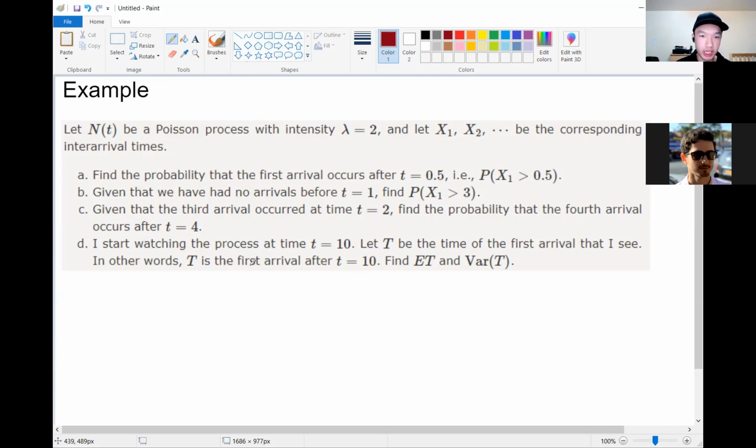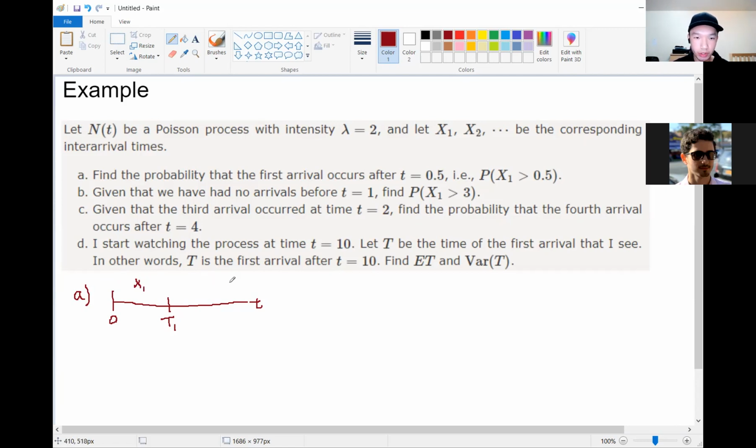Let me draw a diagram. Part A: here we have our timeline. There's no one here, and then this is the first arrival, which we'll label as t sub 1. The time that passes between 0 and t sub 1 is labeled x sub 1, the first inter-arrival time.